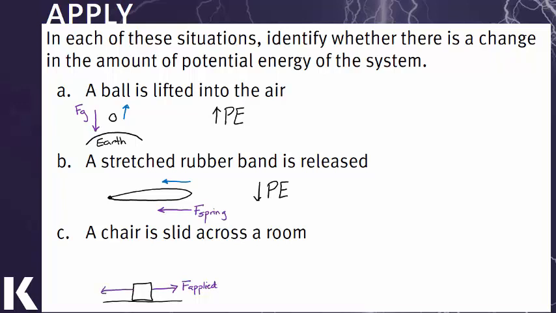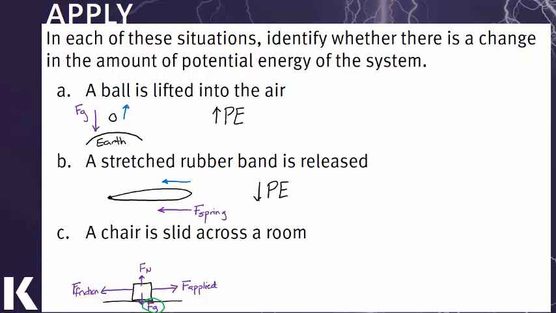There will also be a frictional force that will be in the opposite direction as that applied force. This is force of friction. We have the force due to gravity, and we'll have a normal force. Now remember that it has to be a conservative force, and of these forces, the only one that's conservative is this force due to gravity.